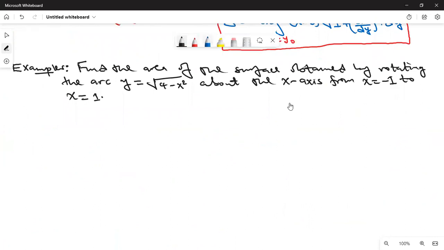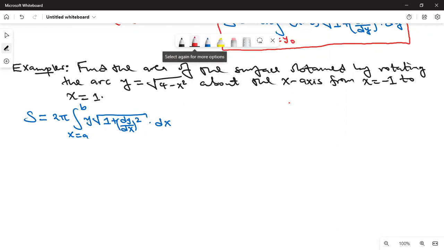Rotation about the x-axis, we know the formula to be this, that S is equal to 2 pi, the integral from x equals a to b of y times the square root of 1 plus (dy dx) squared dx. It's better to write down the formula so that you know what you need to find. So that's the formula. Now, what do we have?